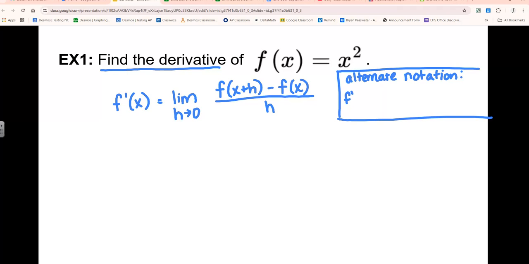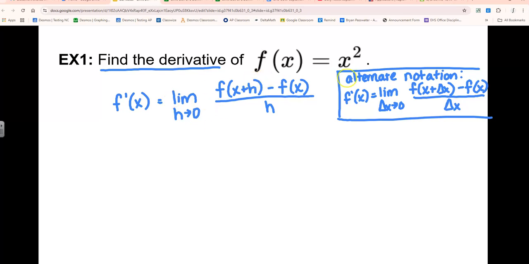They do f prime of x equals the limit as delta x approaches 0 of f of x plus delta x minus f of x all over delta x. So if you see this, they're using a delta x instead of an h. Delta x means change in x. H, it's just easier to work with it if it's a single letter. It's less confusing to have that delta x.